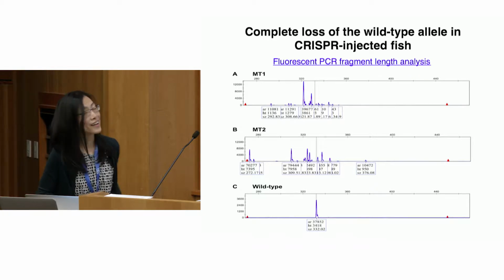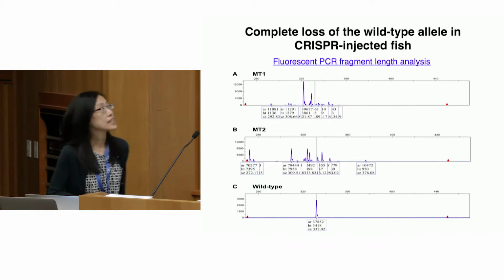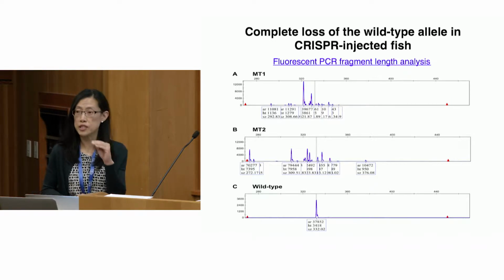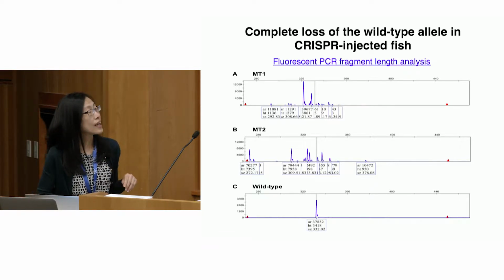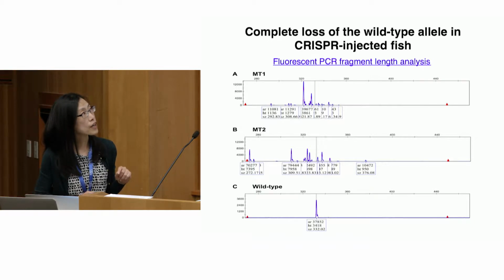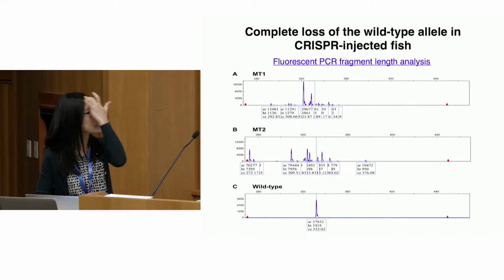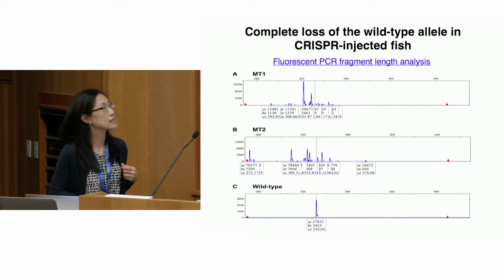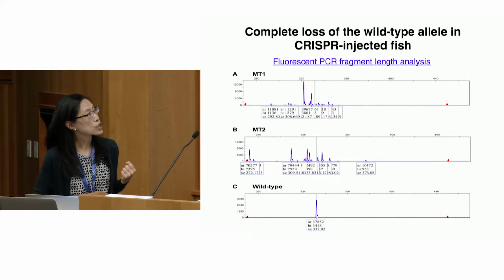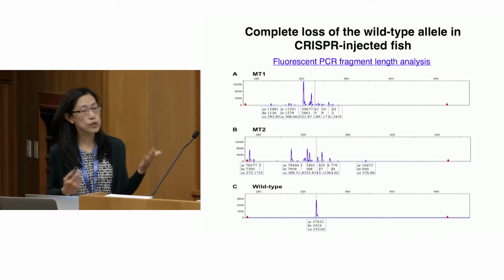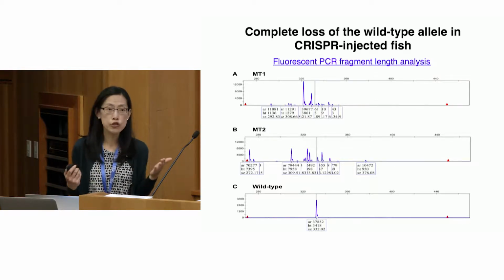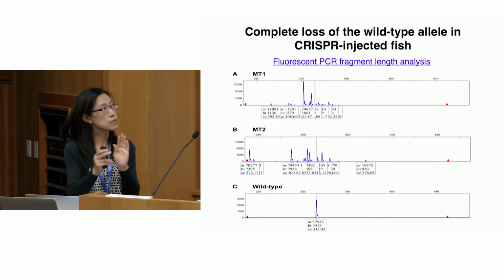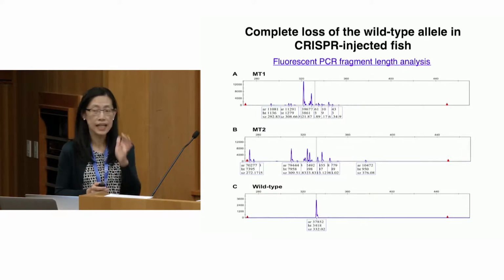Some of the guide RNAs are so effective that we can see complete loss of the wild-type allele in just the CRISPR-injected fish alone. These results are from the fluorescent PCR fragment length analysis. We use this assay a lot. Since CRISPR-induced mutations are mostly either insertions or deletions, they result in small differences in fragment length.